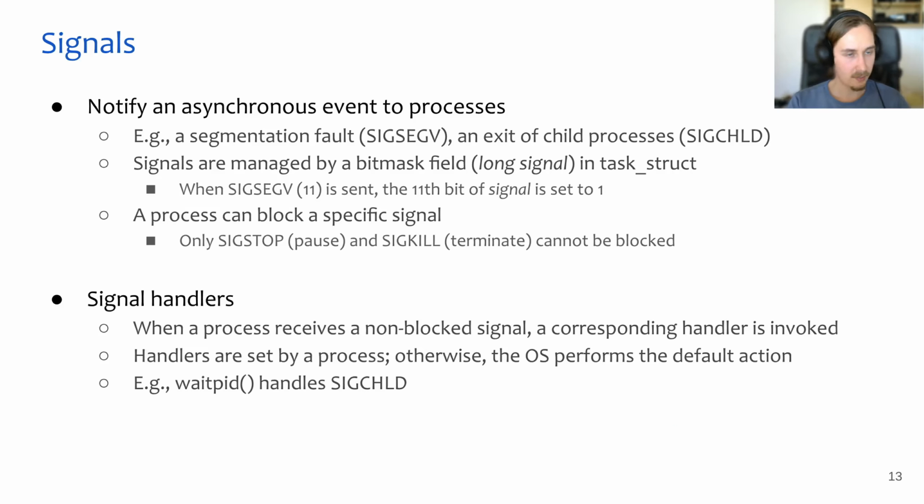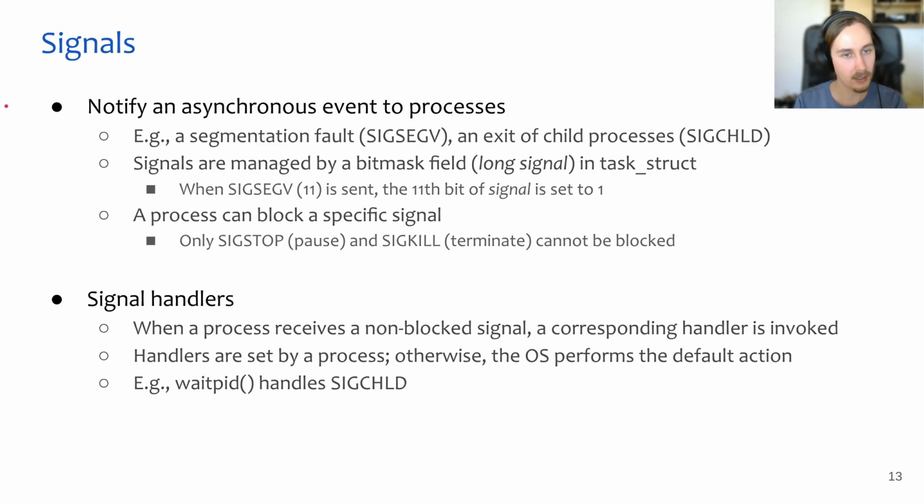And the second mechanism we want to discuss is signals. As opposed to pipes, which each process has to interact with manually, like you have to read or write by yourself, signals are asynchronous.